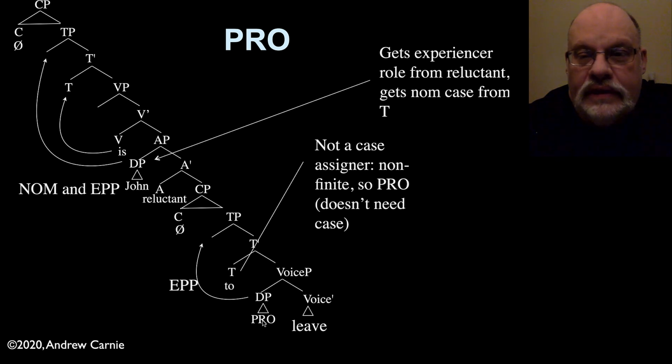PRO doesn't need case because it's null. So it's going to move into this position, but it does so vacuously because, among other things, you can't hear it. But we want it to move into this position because of the EPP. If the EPP holds, we really do want to put the DP here anyway, even though we don't hear this movement and we have no overt evidence for this movement. So that's our friend PRO.